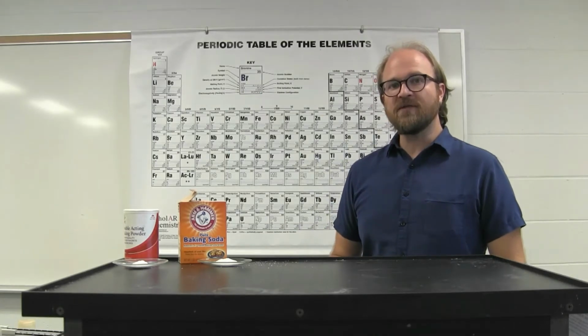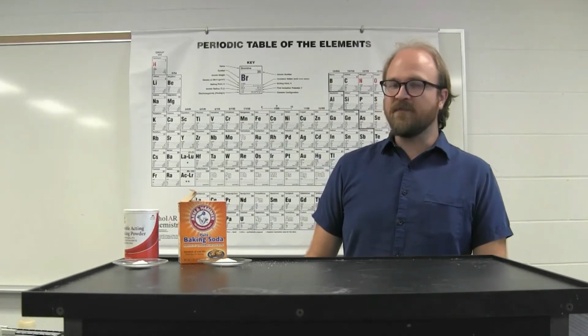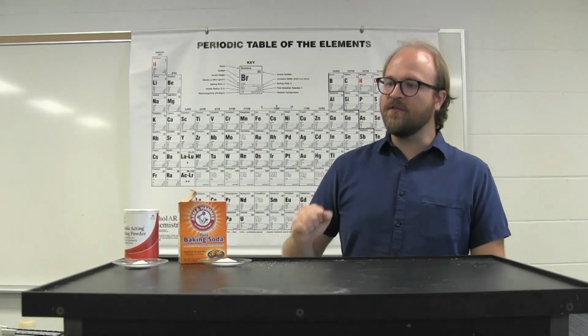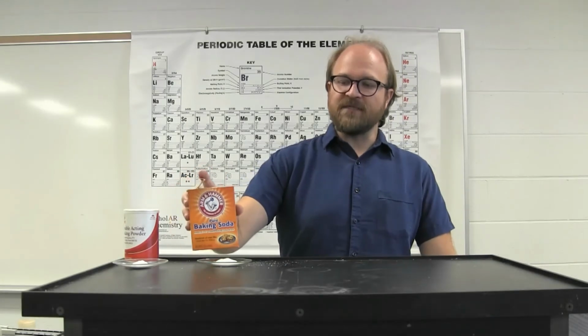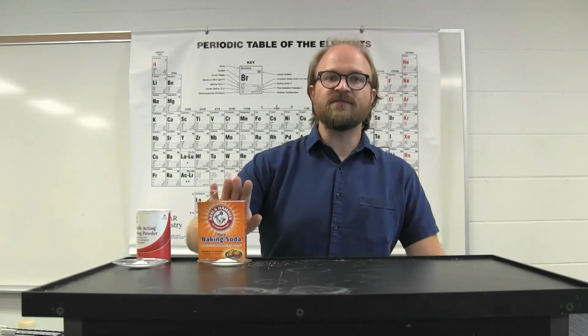This experiment looks at the percent composition of different carbonate compounds. In the first part of the experiment, you're particularly looking at the percent composition of baking soda and baking powder. Baking soda is a pure compound, sodium bicarbonate.